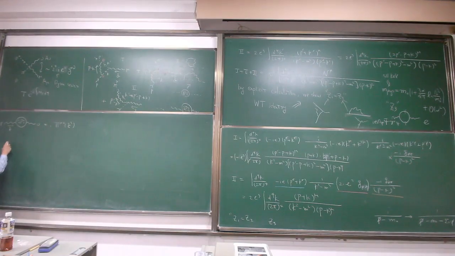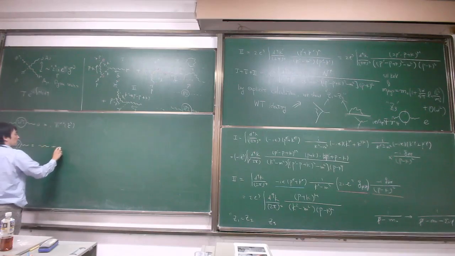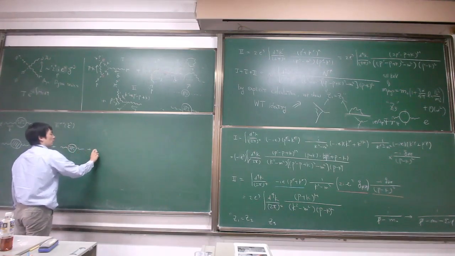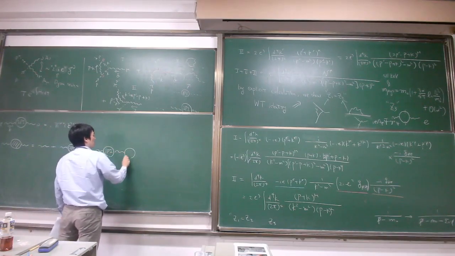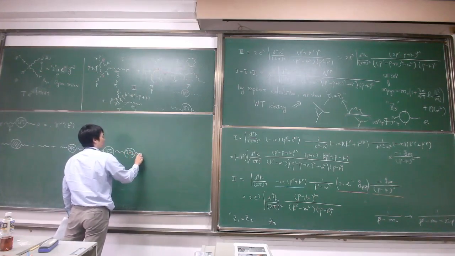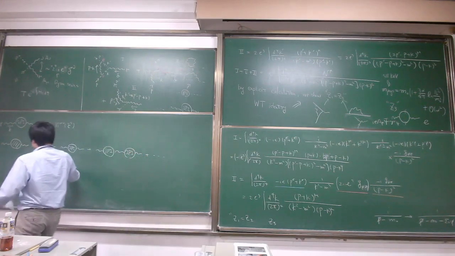Now, the fully quantum corrected propagator is of course this one plus this one with one 1PI insertion, plus the same thing with 1PI, 1PI, and so on.